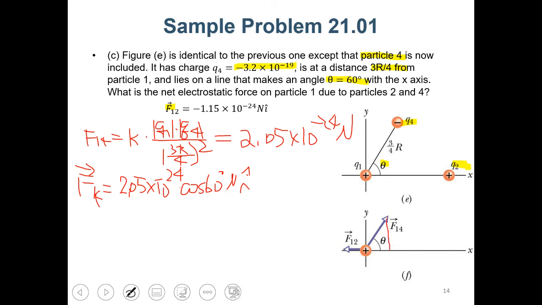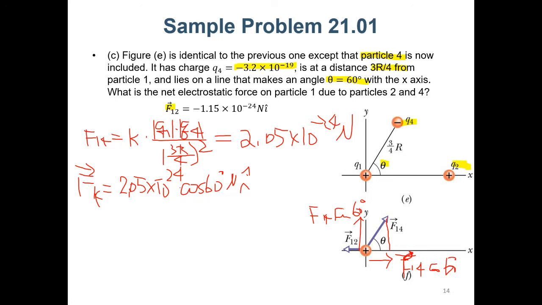So you have this component, F14 cosine 60 degrees, and this one should be F14 sine 60 degrees.